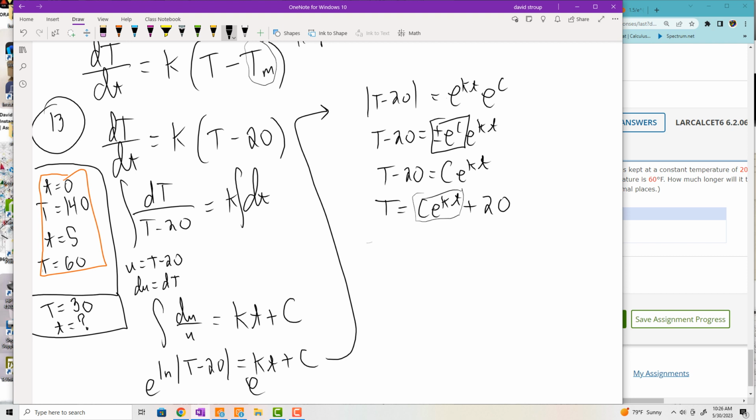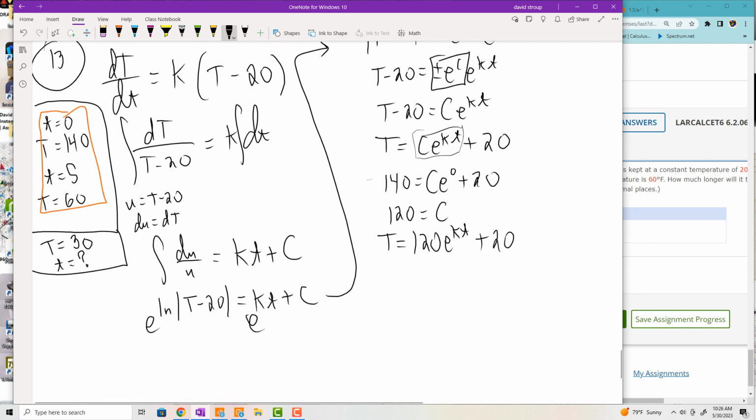Okay, so when little t is 0, big T is 140. Move the 20 over, I get 120 equals C. So my equation now is T equals 120 e to the kt plus 20. Now use the other piece of information. Big T is 60 when little t is 5.